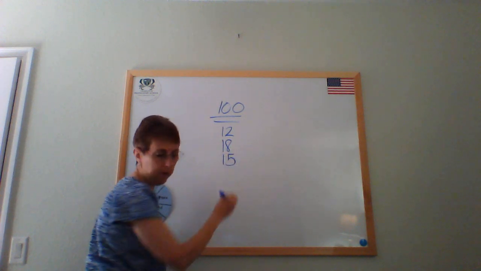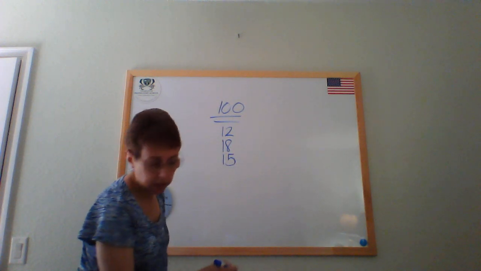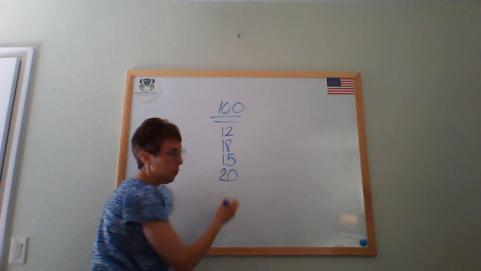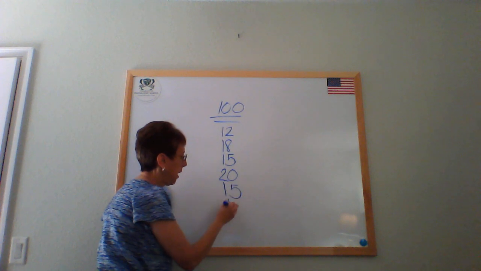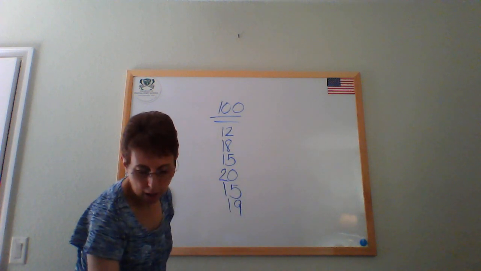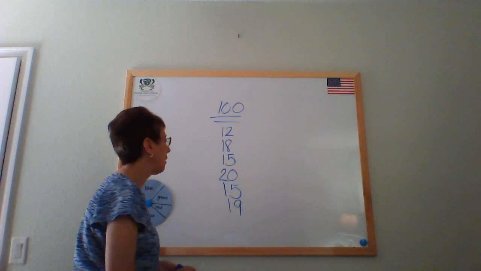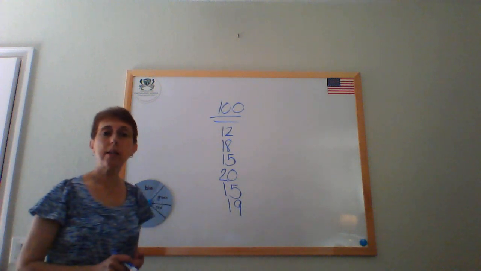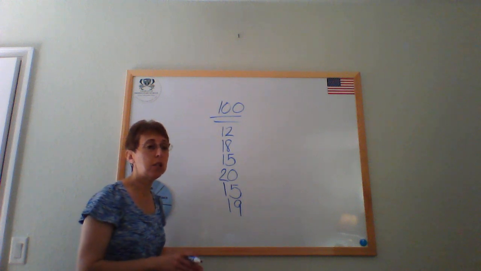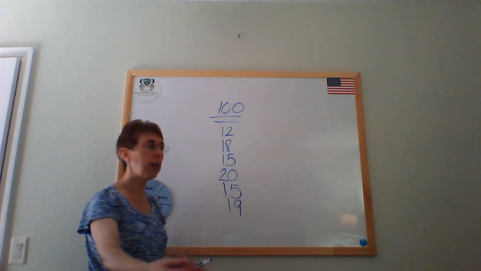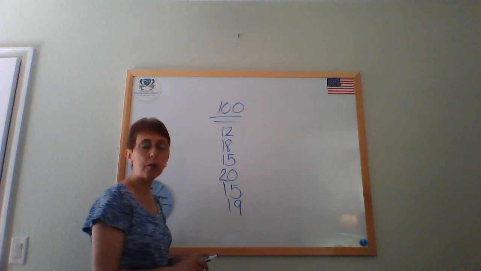We have 15 who were eating, 20 who were flying kites, 15 who were skating, 19 that were catching pollywogs, and then we have that category Other. There's no number that has been filled in. It hasn't been identified as to how many were doing something other than all of these other activities.